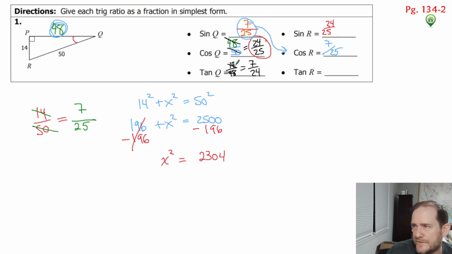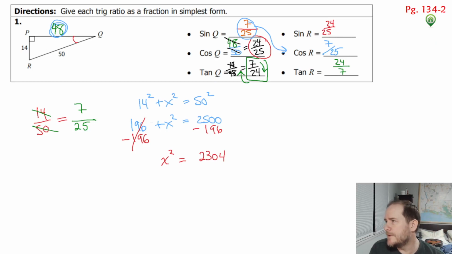And then what happens with the tangent? Well, the tangent becomes the reciprocal of what it used to be. So the 7 goes to the bottom and the 24 comes to the top. And that also will happen every single time. So the sine becomes the cosine, the cosine becomes the sine, and then the tangent flips upside down.